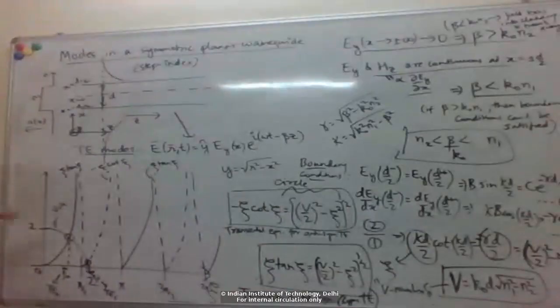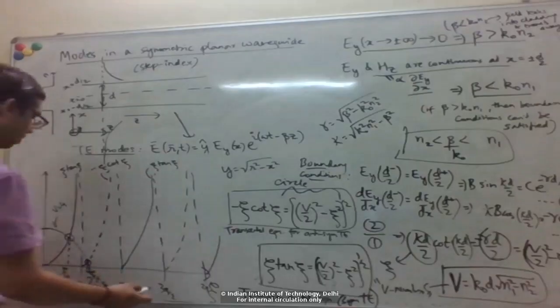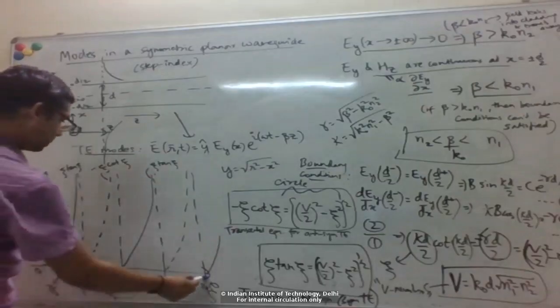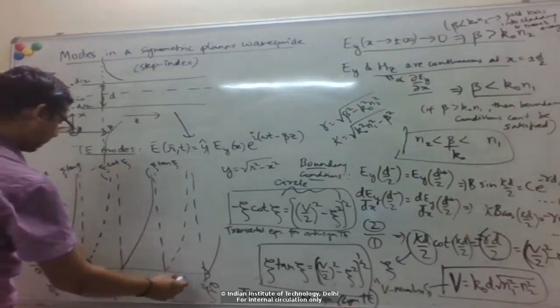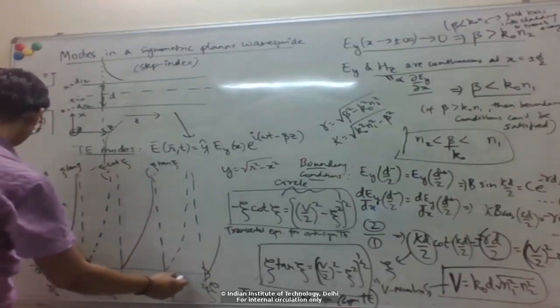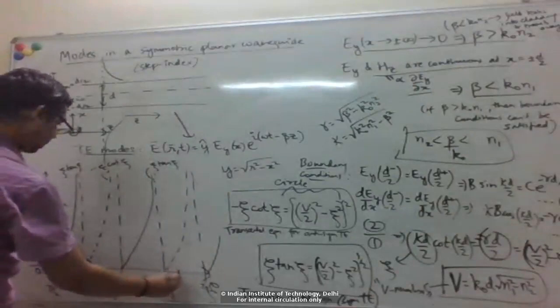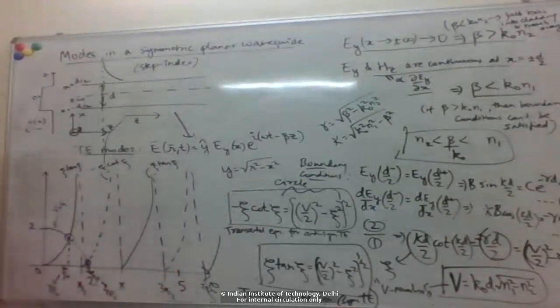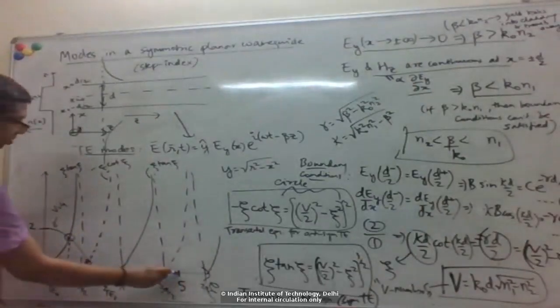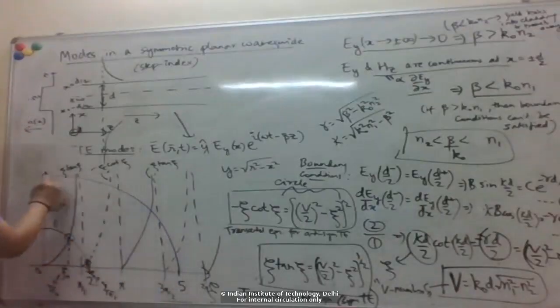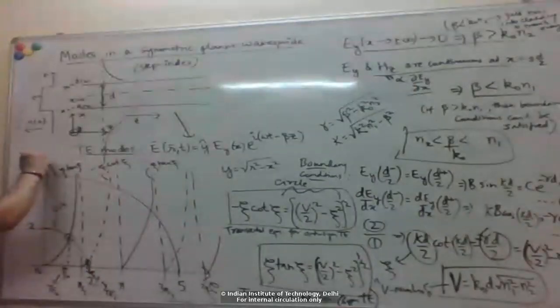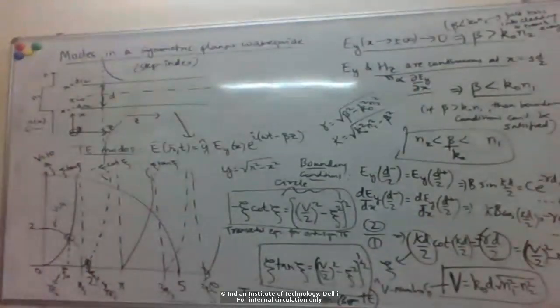If I increase V, let's say I make V equal to 10, then V by 2 is 5. 2 pi is 6 here, so 5 is somewhere here. So now I get a circle of radius 5, like that. This is V equal to 10. Now you can see I have more intersections. This is one intersection here, so that again is TE0.